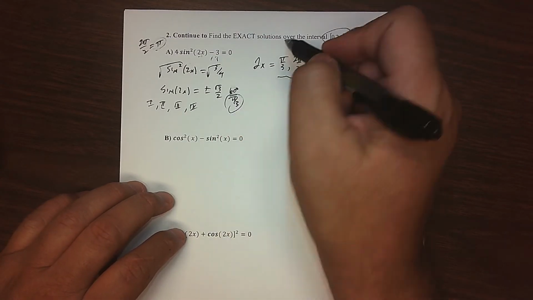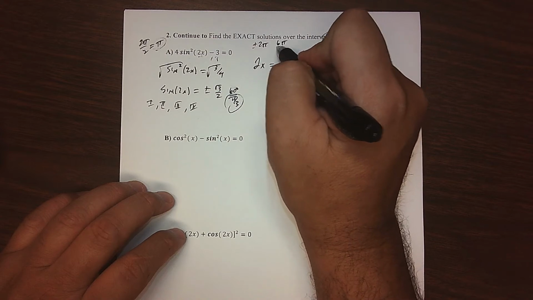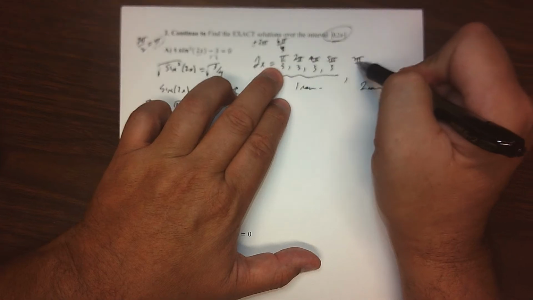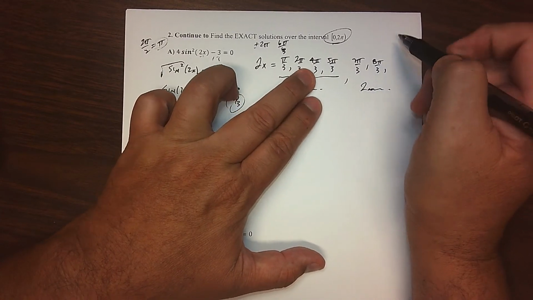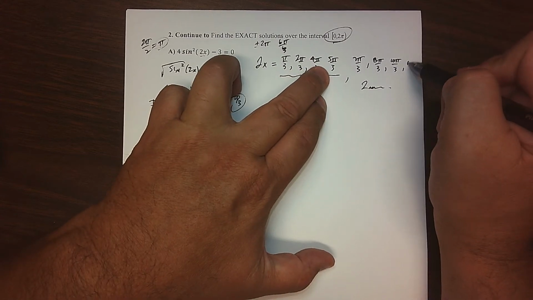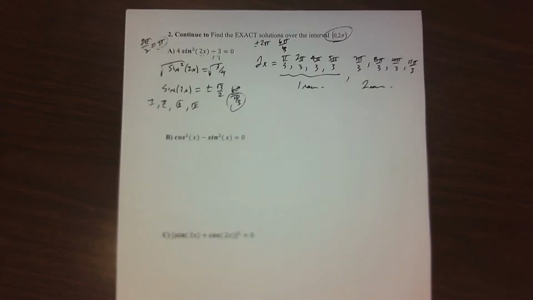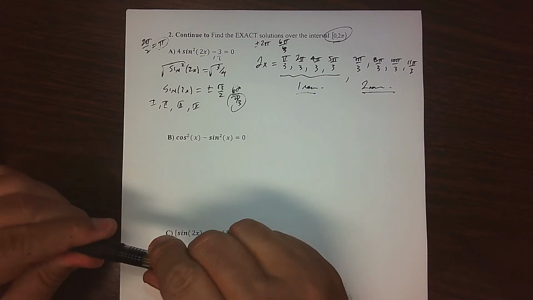So again, we're going to be adding 2 pi to everything, and 2 pi is 6 pi over 3. So when I do it to this guy, we get 7 pi over 3, we get 8 pi over 3, we get 10 pi over 3, and we get 11 pi over 3. So there's basically all the solutions in the first rev and all their coterminal angles in the second rev.